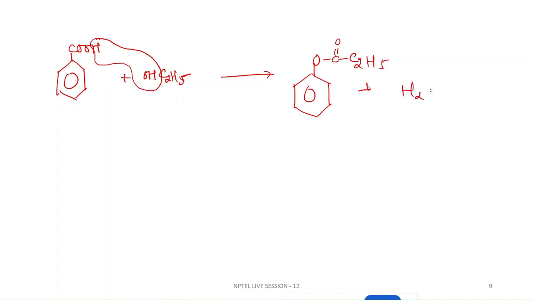And water is eliminated. So this is a kind of condensation reaction.